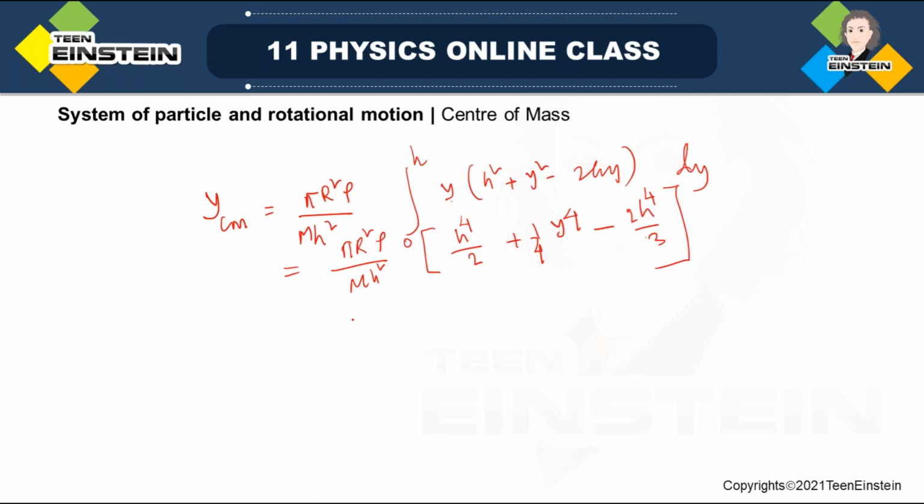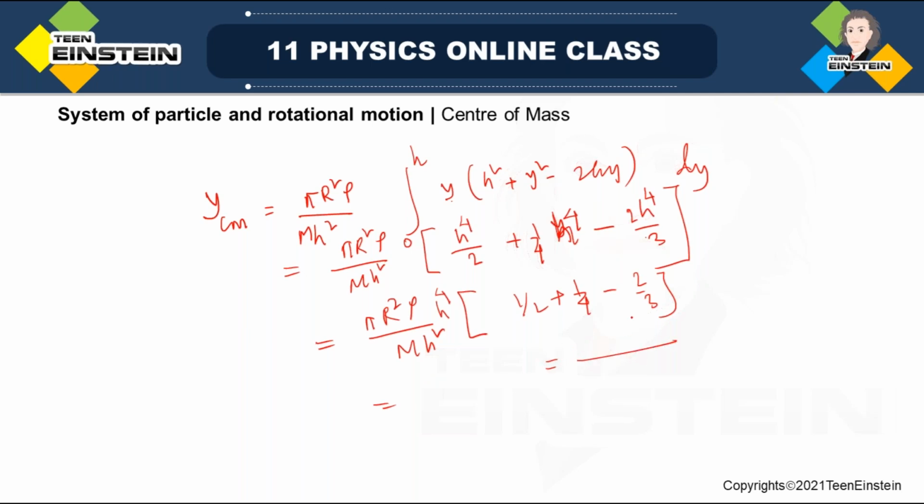If you just do this integration with proper limits, then what we get, this is also h to the power 4. So h to the power 4, let it be here. So 1 by 2 plus 1 by 4 minus 2 by 3.